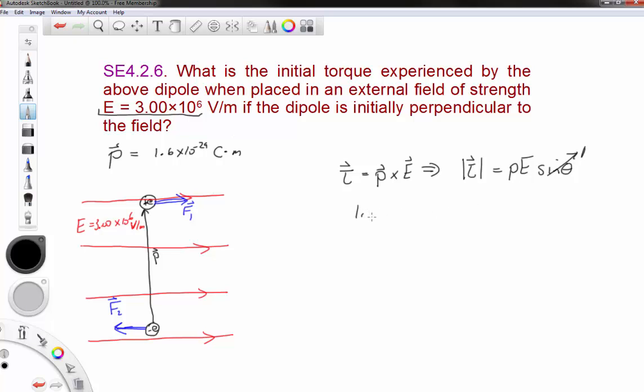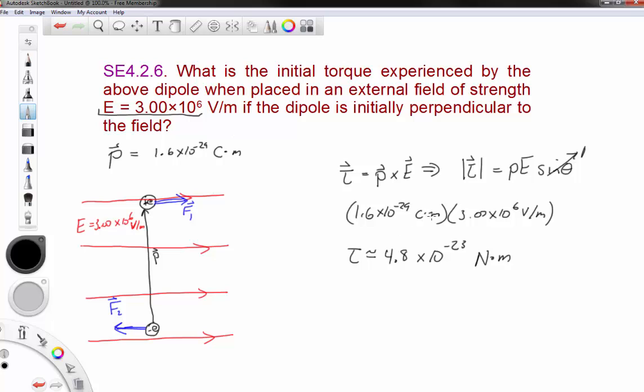So we have 1.6 times 10 to the minus 29 coulomb meters, and that's being multiplied by 3.00 times 10 to the 6th volts per meter. So this ultimately is going to give us a torque of approximately 4.8 times 10 to the minus 23 Newton meters.